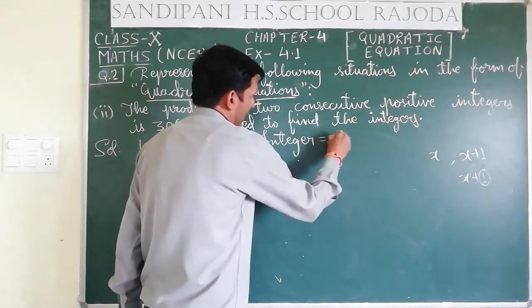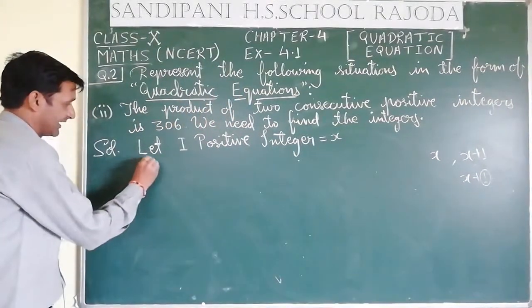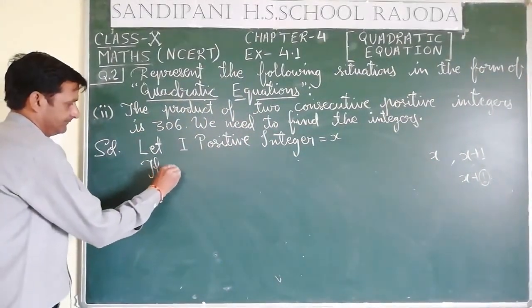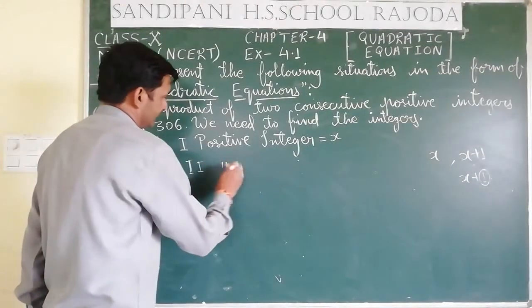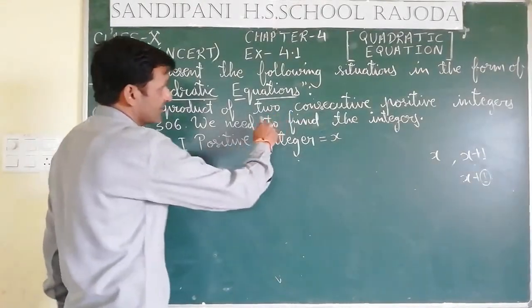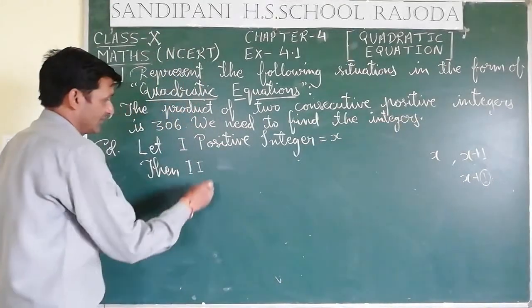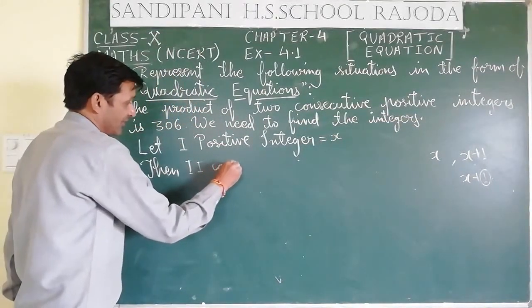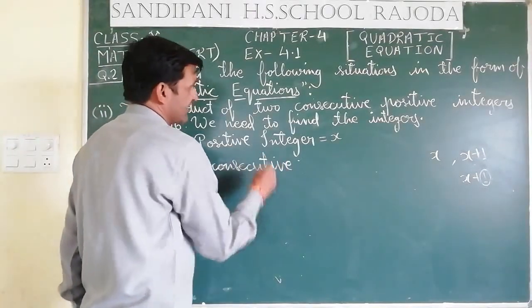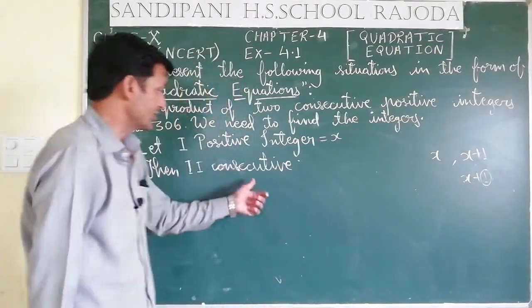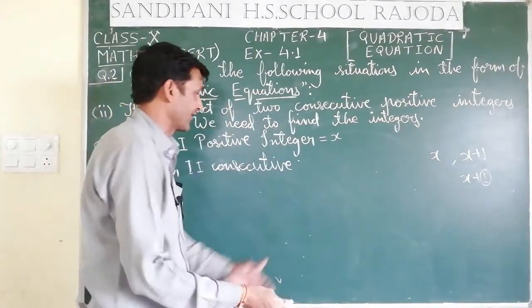is equal to x. Then second positive integer, second consecutive positive integer. This word is necessary to write. Consecutive means one after the another.